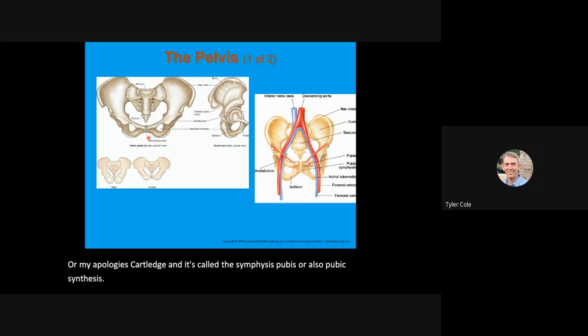During pregnancy, hormones and other chemicals in the body send signals to this particular piece of cartilage to expand during pregnancy in women. And this allows the pelvis to widen out.